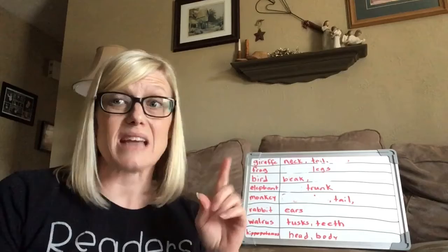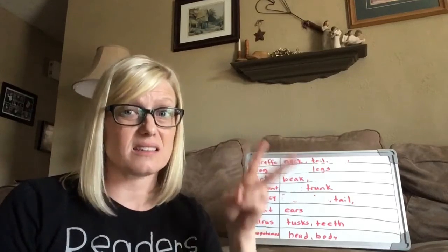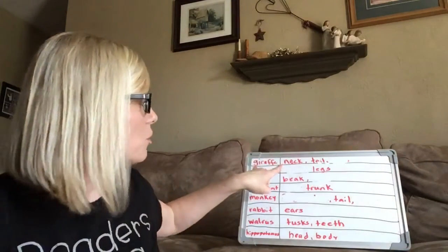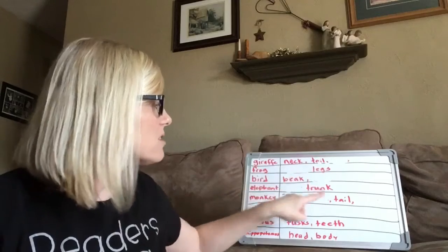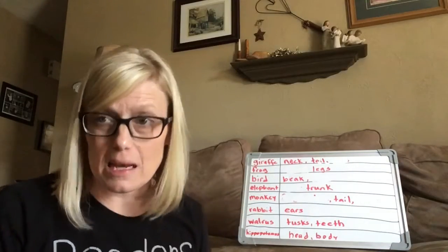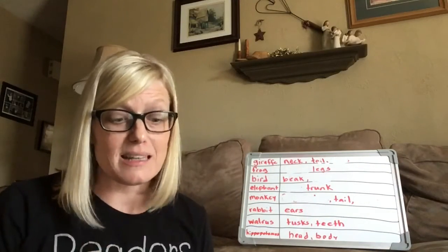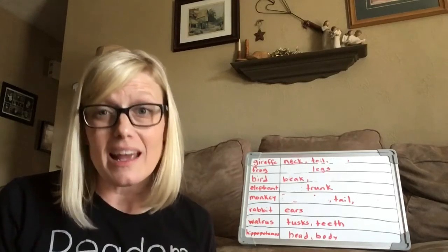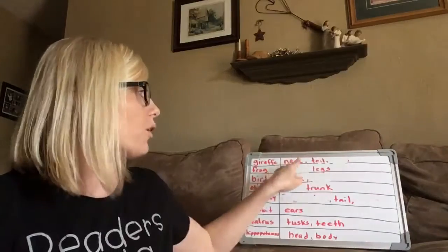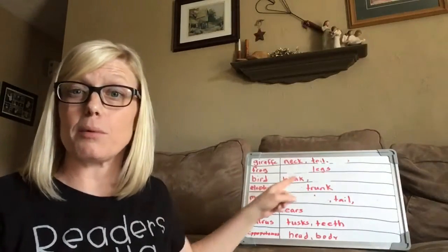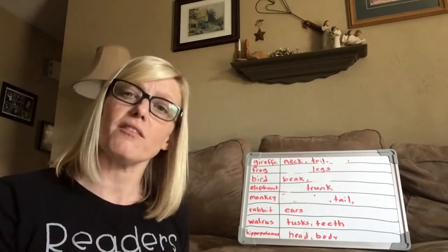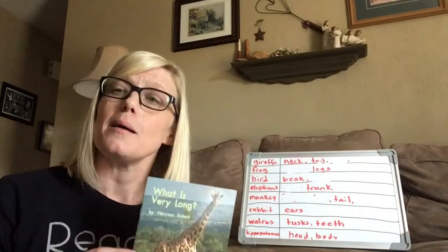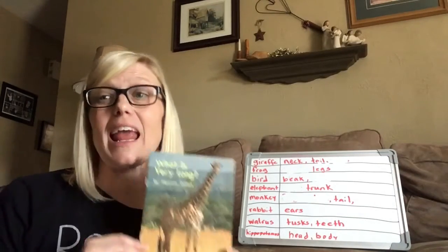We used our does it make sense and does it sound right to bring us to a couple of words for each animal. In our next mini lesson, we're going to use our eyes to look at the word and see if the word looks right. And we will be able to decide which of these words makes sense, sounds right, and looks right.